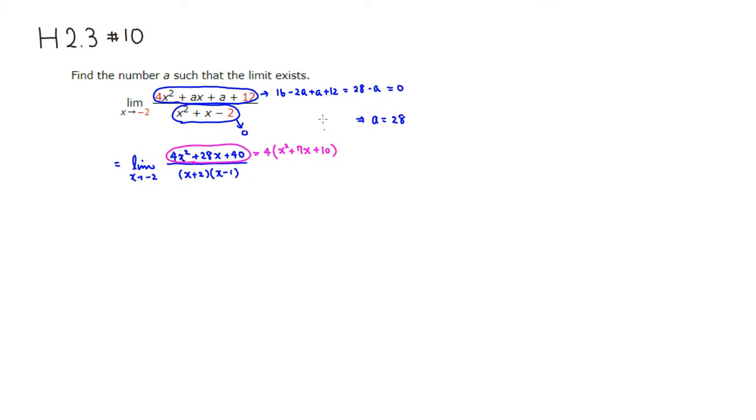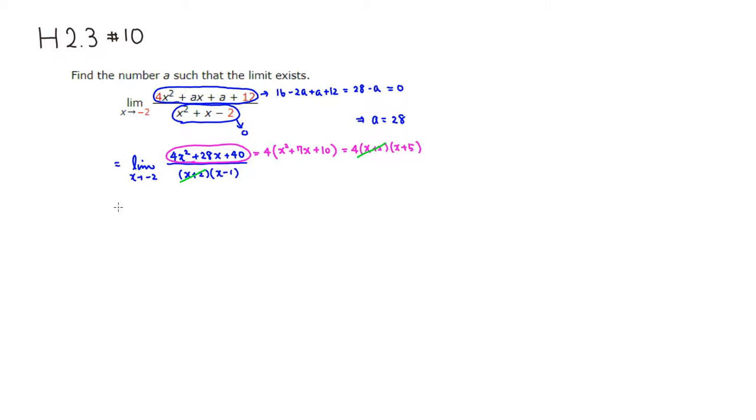Hopefully we can factor this, so I'm going to have 4 times x plus 2 and x plus 5. Would that work? Multiply those two, get 10, add them up, we get 7. So we actually have a common factor here. I'm going to cancel out the x plus 2 in the numerator and the x plus 2 in the denominator.